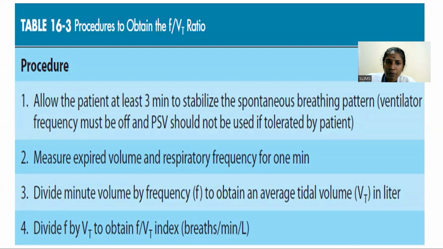The ventilator frequency must be off and PSV should not be used if the patient is not tolerant. Then measure the expired volume and the respiratory frequency for 1 minute. Then divide the minute ventilation by the frequency to obtain an average tidal volume in liters. Dividing F by Vt, we obtain the result of the spontaneous breathing trial.